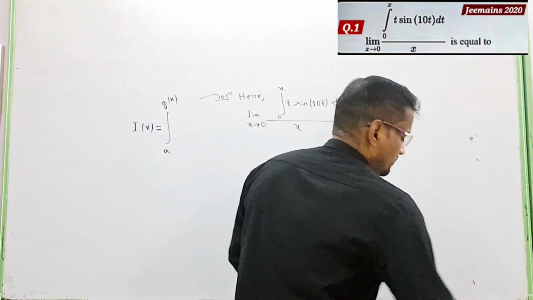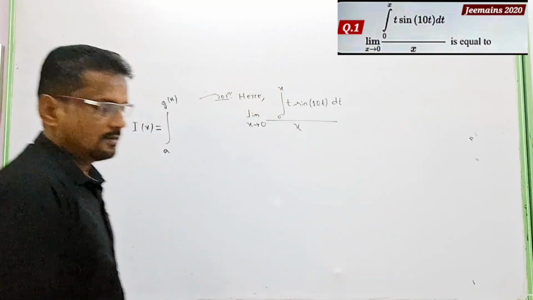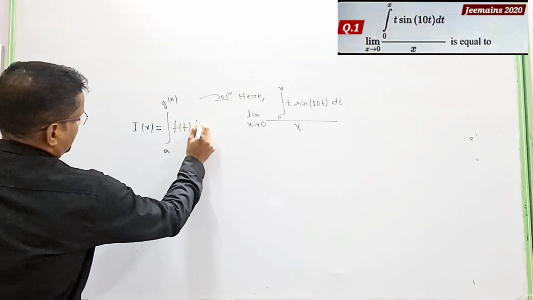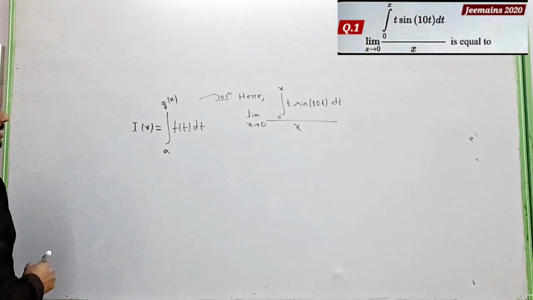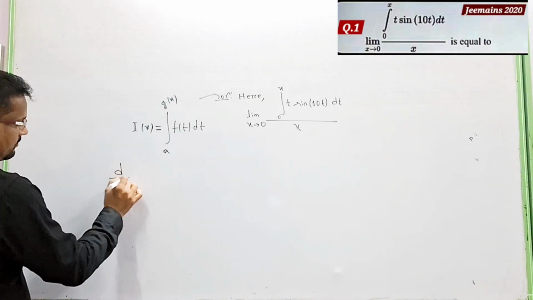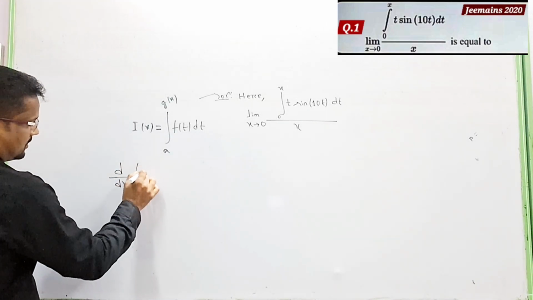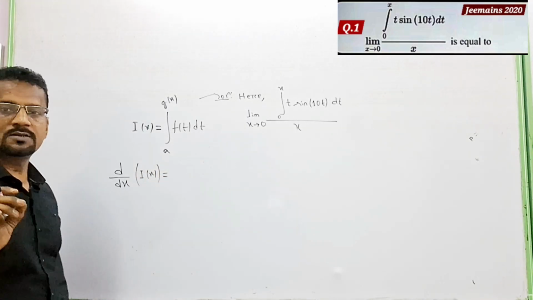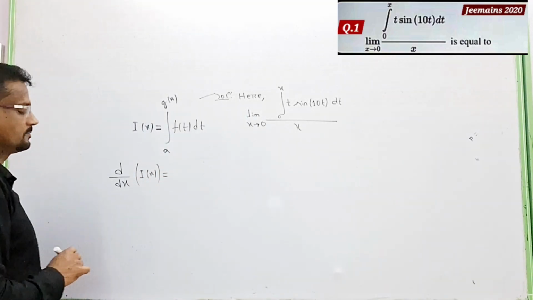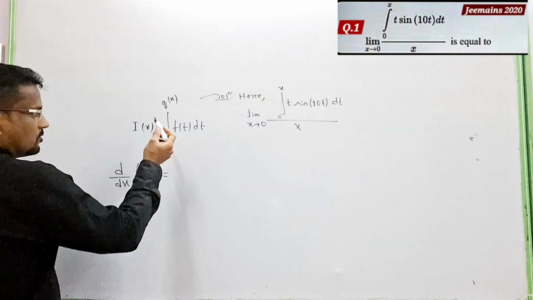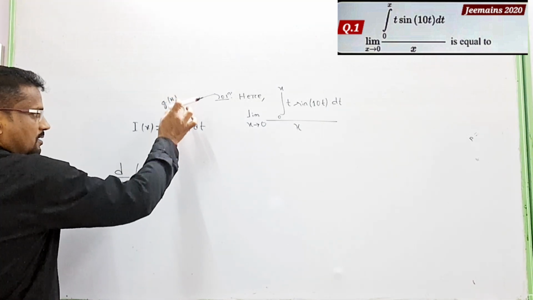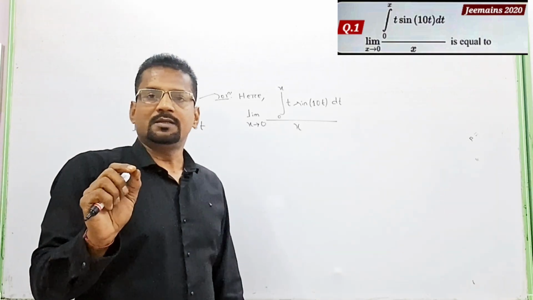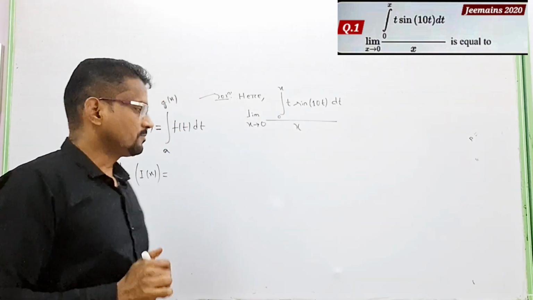Now you see, let me consider a function f(t) dt. Now what's the derivative d/dx of I(x)? Newton-Leibniz rule states that you just replace t by the upper limit.